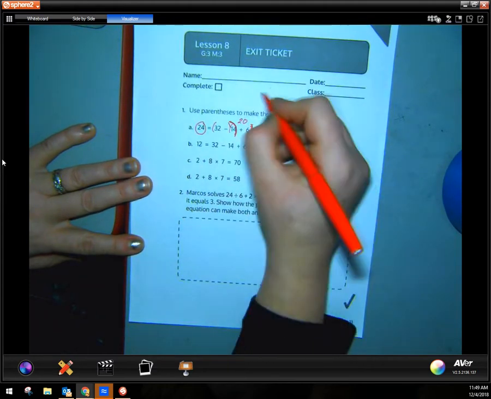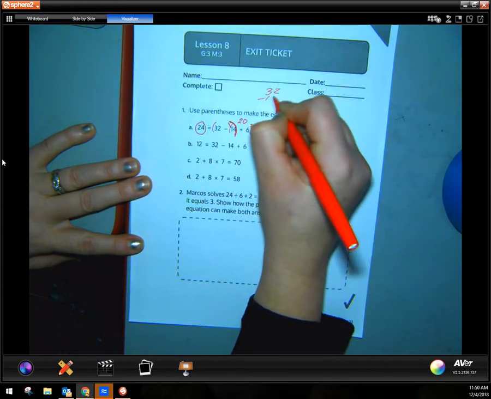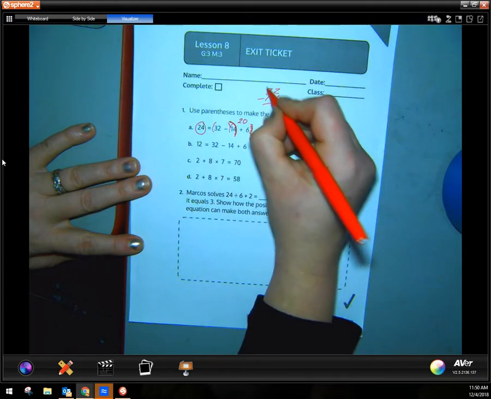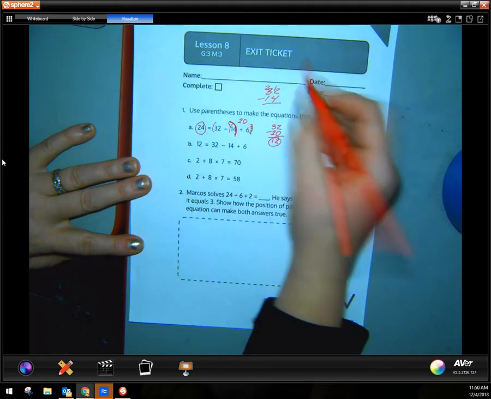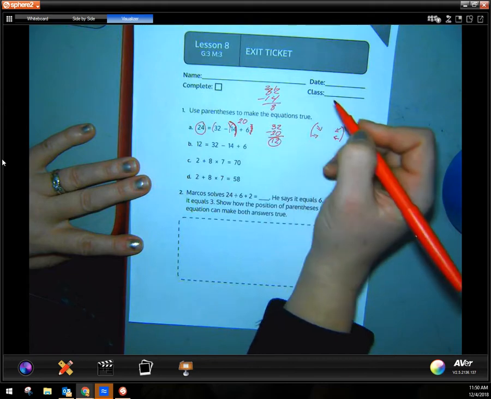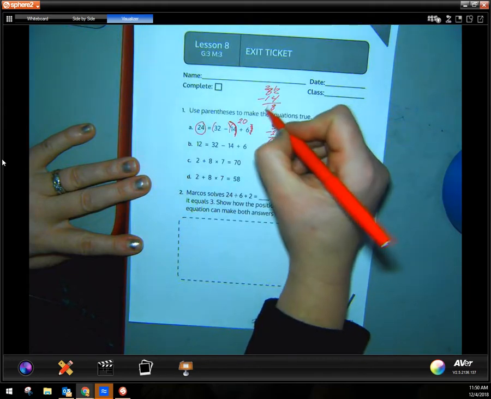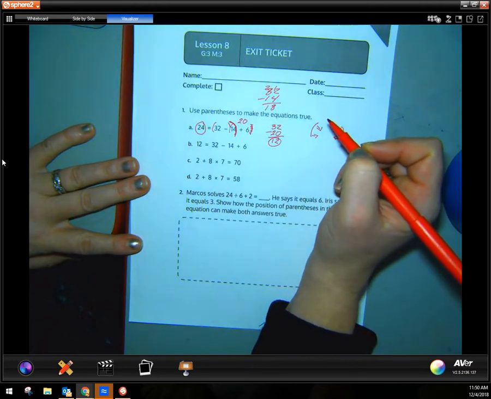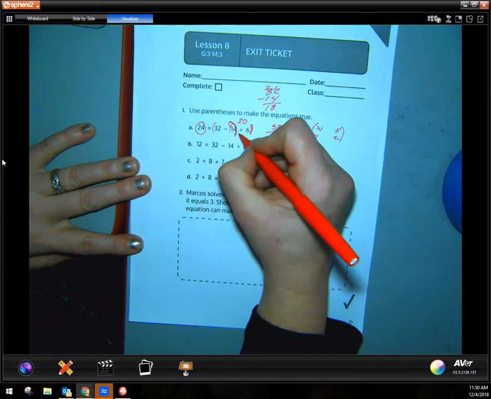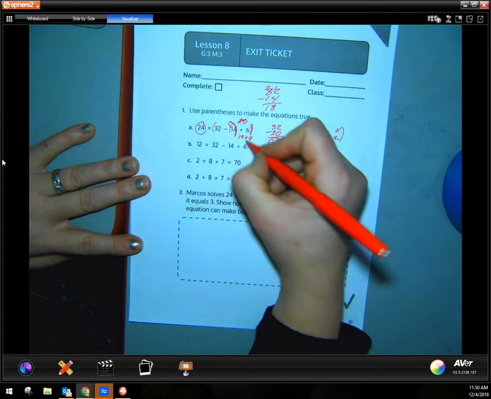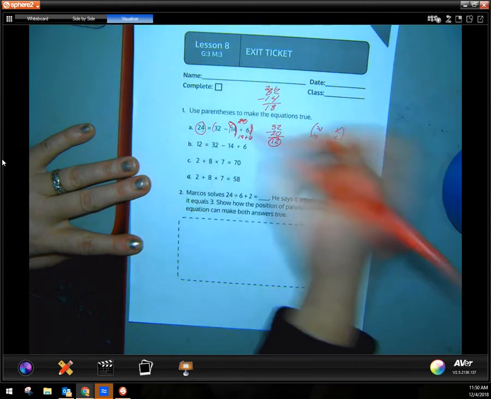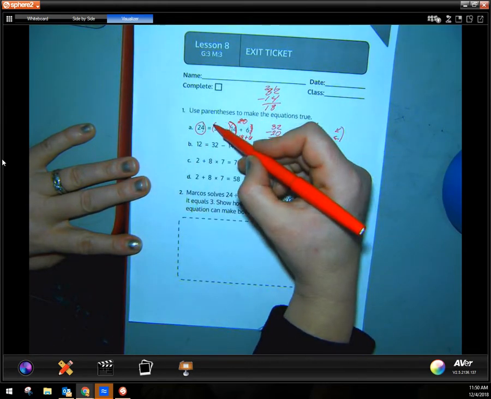I'm going to go, okay, 32 minus 14 is 18. What's 18 plus 6? Well, 18 plus 6 is 24. So the parentheses in this problem need to be right here.